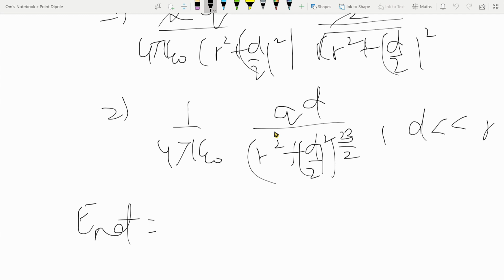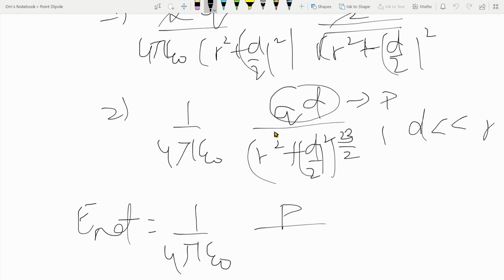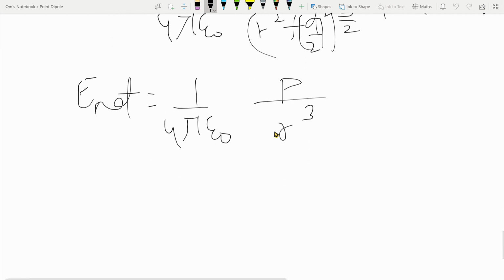So it's equal to 1 by 4 pi epsilon naught, and qd over here can be written as p. So this is equal to p by, we have considered d by 2 to be approximately 0, so what we are left with is r square raised to 3 by 2, which is nothing but r cube. And this is the expression that is commonly used for the electric field at the equatorial position.